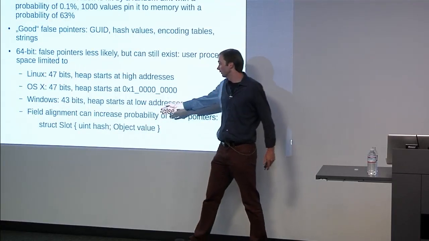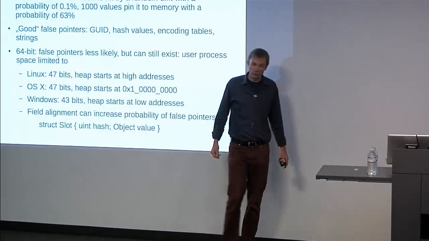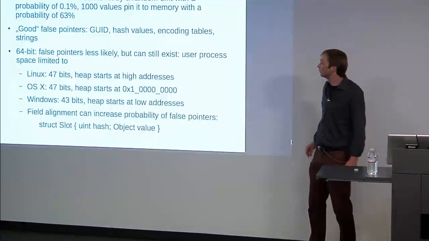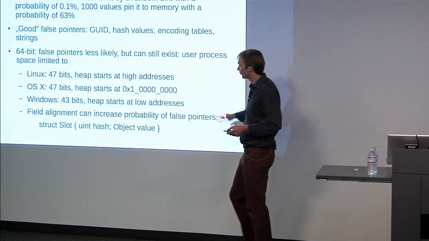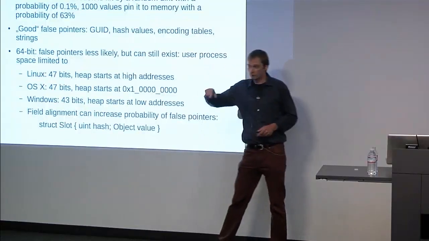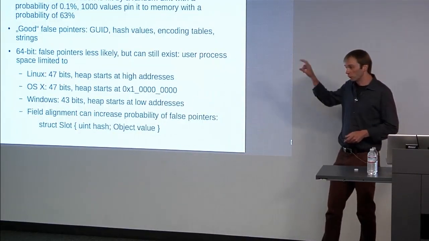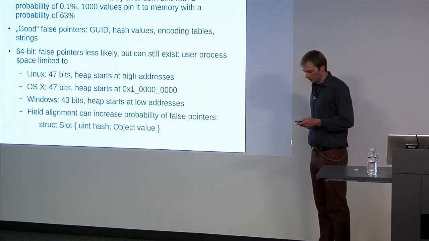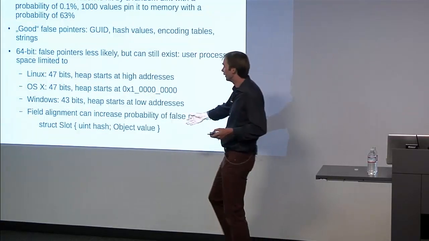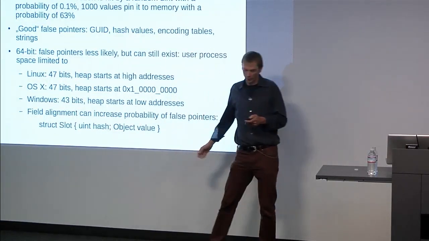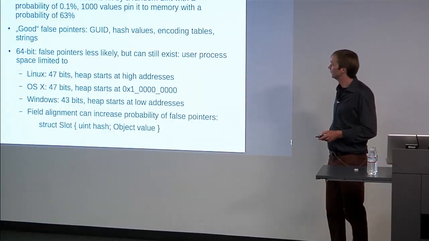For OS X, you would have not 0 but a small number to be more likely to be a false pointer. Under Linux, the heap address starts at 7FFF something from the top down, and that's less likely to produce a false pointer, because it would need to have especially those values here, and that's more unlikely.